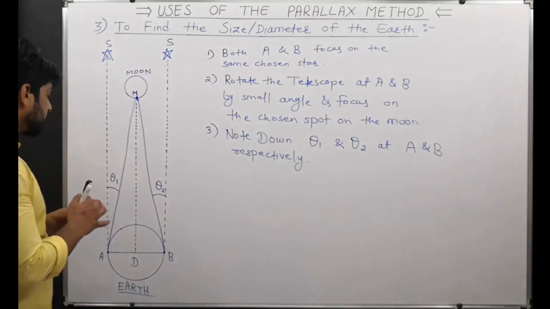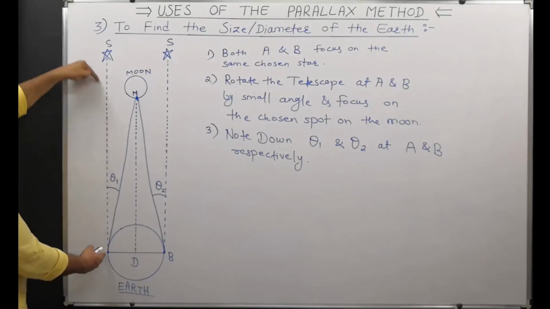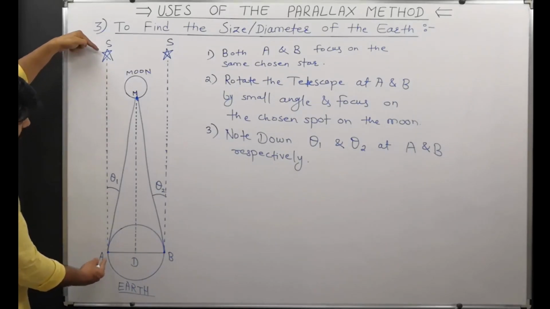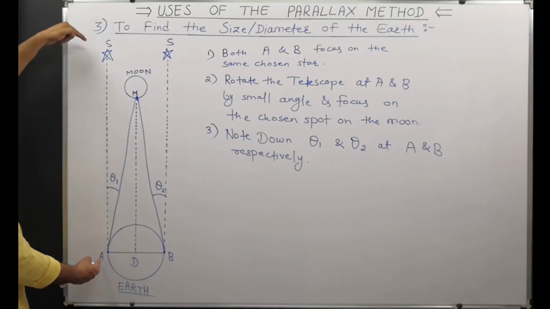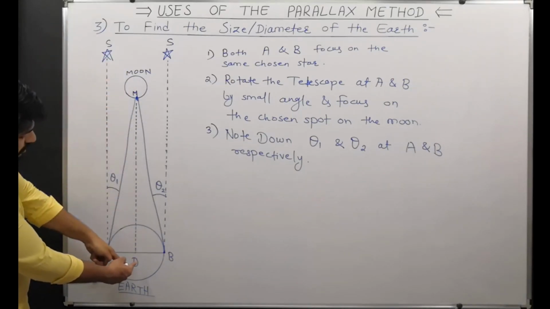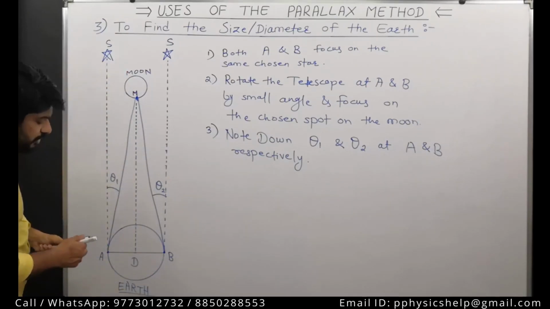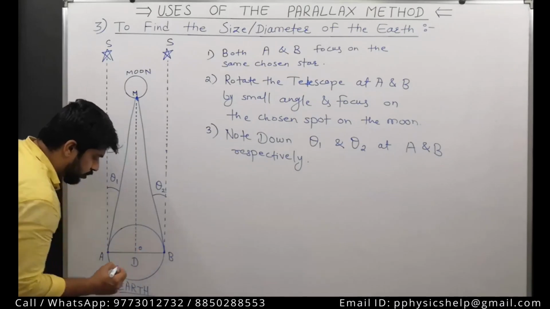So over here, just look at this diagram. You can see the star first of all is in this direction. You can observe here this line AS, and this line, actually D is the diameter. Let's call this point O, the center of the earth.